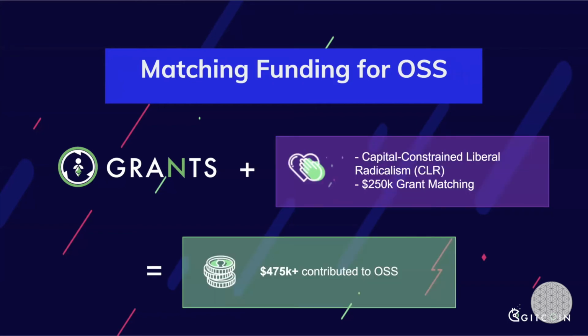That said, I think there's a lot of value in being able to start with a small pool of funds and get the individuals who care about open source, which hopefully is a number that's increasing over time, to help contribute as well.